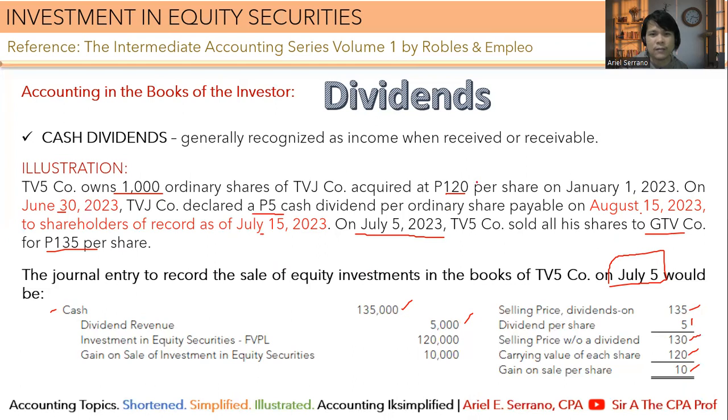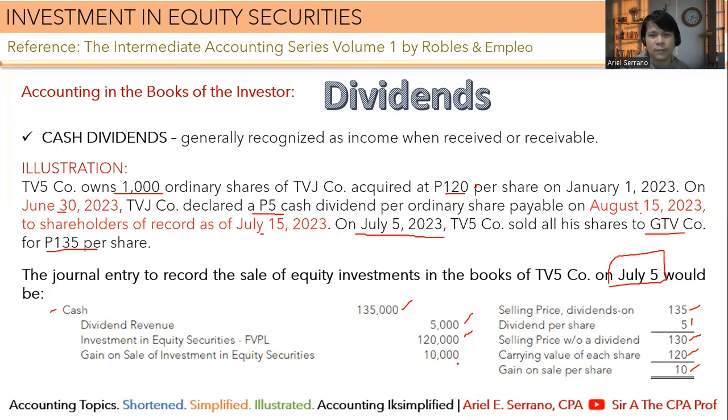The investment in equity security ay previously at 120 peso per share. So, yan po yung market value na i-recognize natin. Any difference between the selling price and the carrying value of the share, selling price without the dividend, itong 130 versus 120, yan po ay kinikredit natin, or debit kung applicable yung loss, to gain or loss on sale of investment in equity security.